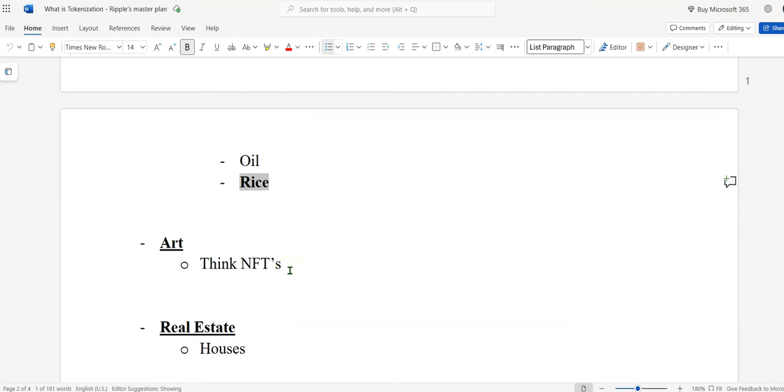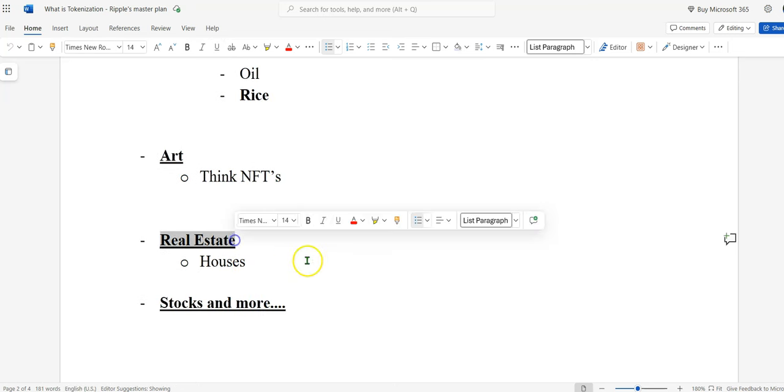Something else you guys might know about is the NFTs, which is art. It's digital art. This has been very popular for the past, I would say, 7 years, maybe more. So you want to keep that in mind. You could also digitize art if you're an artist. Maybe you probably already tried doing this as well.